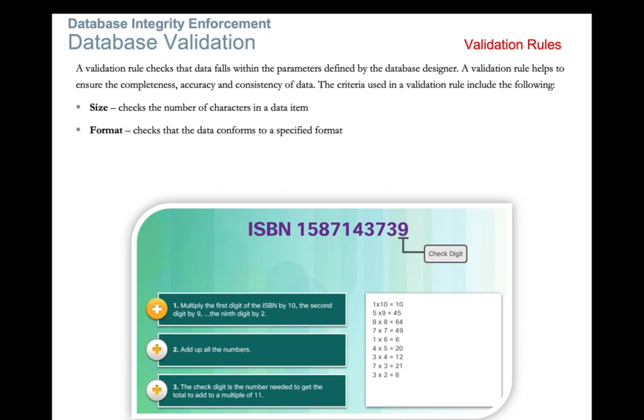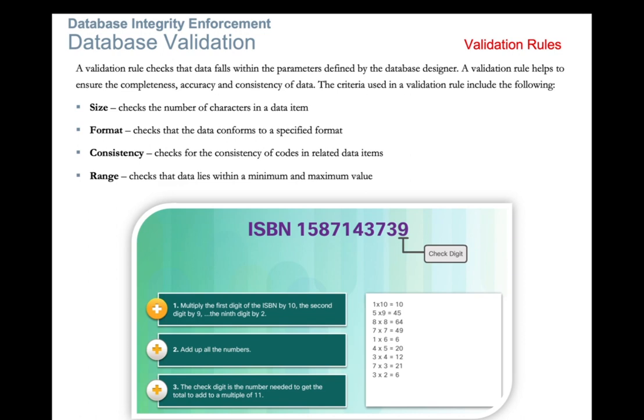And consistency, that checks for the consistency of code in related data items in two different entities. And range, that checks that data lies within a minimum and maximum value. And finally, check digit is used. Check digit provides for an extra calculation to generate a check digit for error detection.